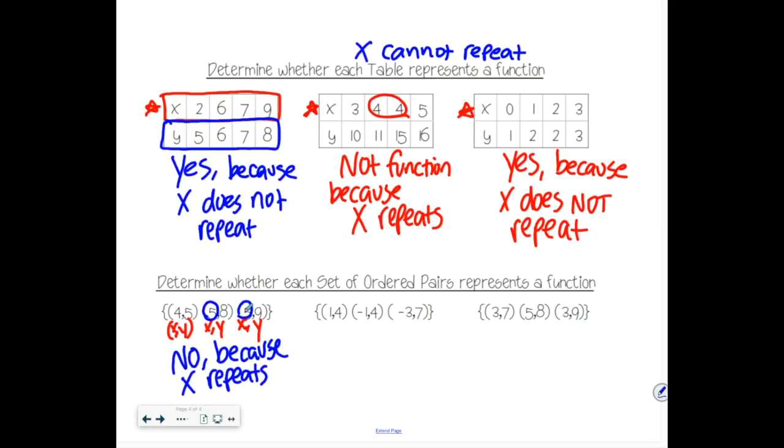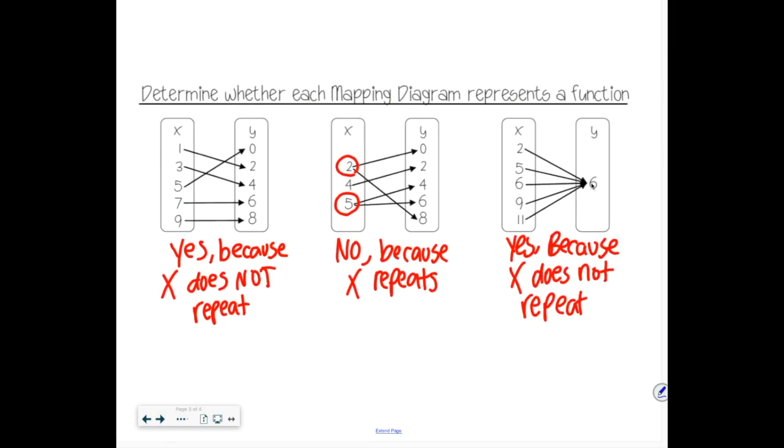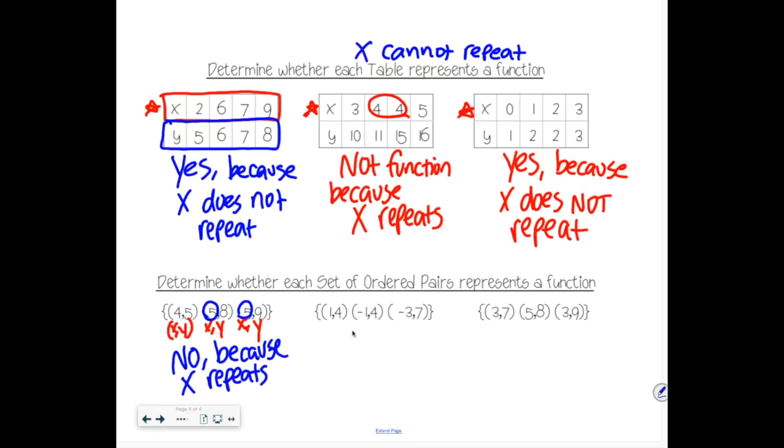All right, now we see this is an X of 1. This is an X of -1. This is an X of -3. These are all different numbers. Don't get confused because these Y's repeat, and as we remember, at this point, this Y was the only Y and it was being shared. So here, 4 is just being shared by 2 different X's. And as long as there are different X's, it still counts as a function.